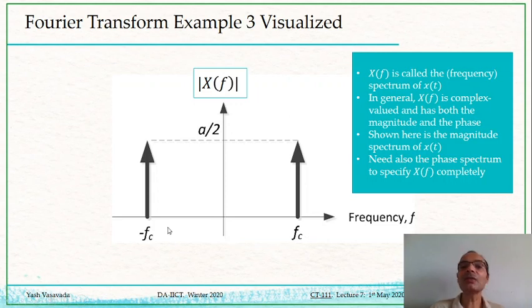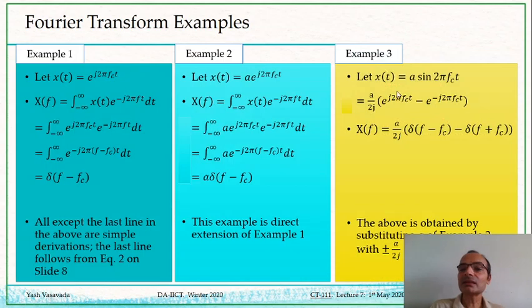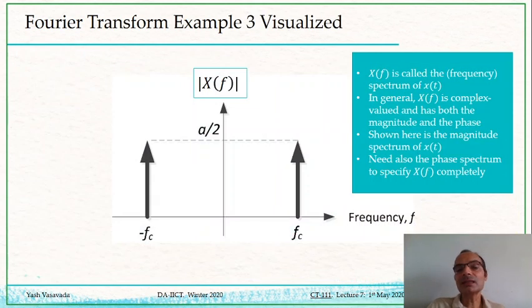I would generate another complex exponential at minus f of c. I will give a weight of a divided by 2 j to both of them, and then I will subtract this from this, and so basically I will get this signal here, which is nothing but my time domain signal. Essentially, I did inverse Fourier transformation. I did synthesis of my time domain signal given the information contained in the Fourier transform.